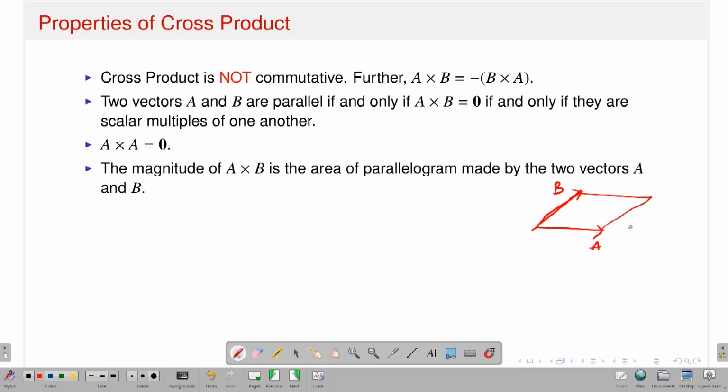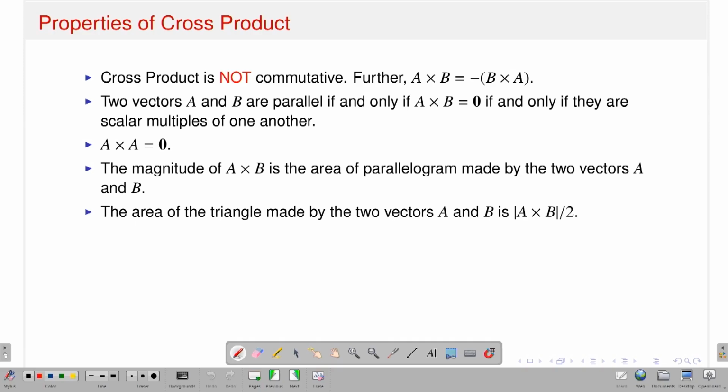The area of this parallelogram is the modulus of A cross B. The magnitude of A cross B is the area of this parallelogram made by these two vectors A and B as adjacent edges.